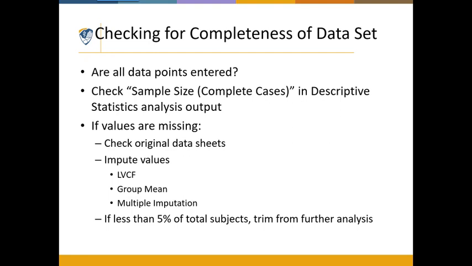Now, usually there's a rule of thumb as to, if you've got so much missing data, how do you deal with that? Typically the rule of thumb is if you've got between 5 to 10% of data within a given variable missing, then doing imputation is likely going to be appropriate. And if maintaining a certain sample size is not a concern for you, you can also trim those subjects.